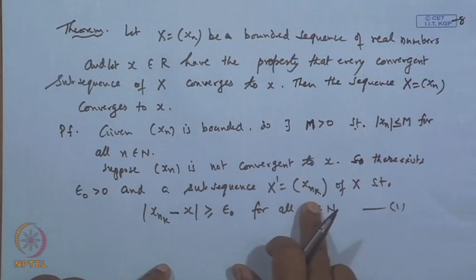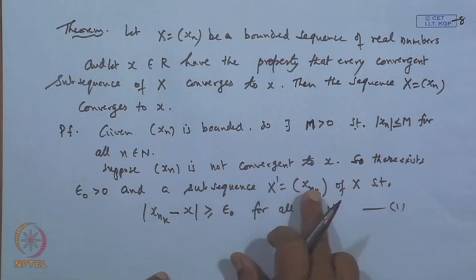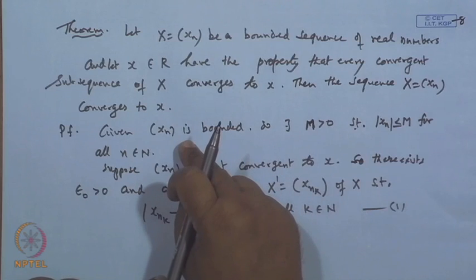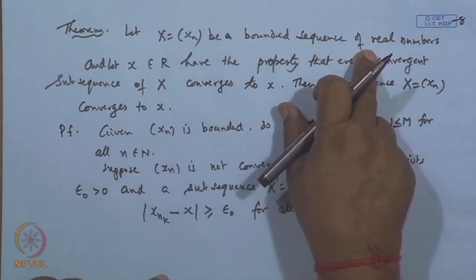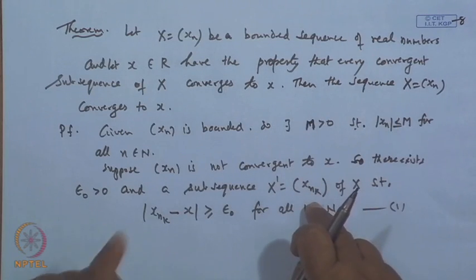Now, x dash is a subsequence, an element of x dash is also an element of x, and x is given to be bounded. So, the elements of the subsequence are also bounded.